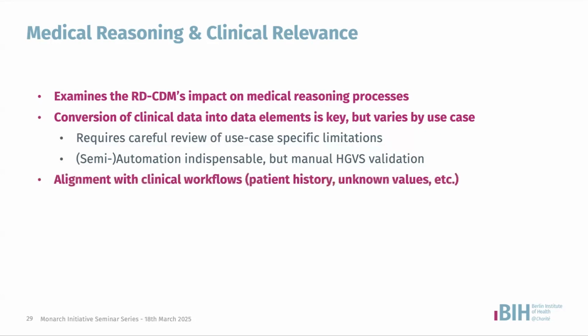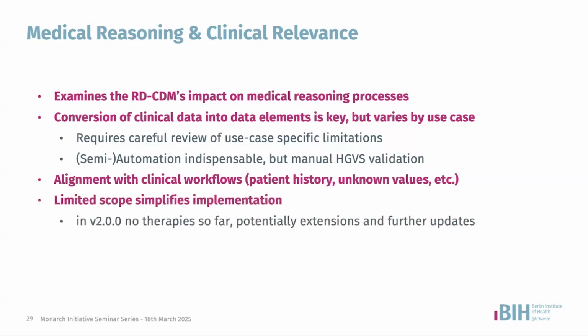We also try to align our data model with the clinical workflow from top to bottom, more or less, to display a patient history and to improve implementation later on. For example, we added unknown values in some cases. We also found that the limited scope simplifies implementation. We don't have therapies so far, which could be an extension at some point.